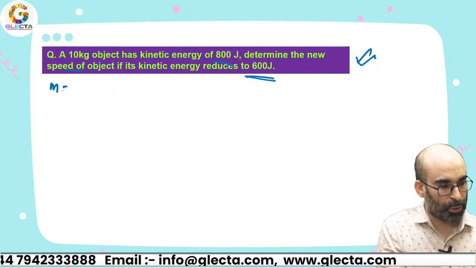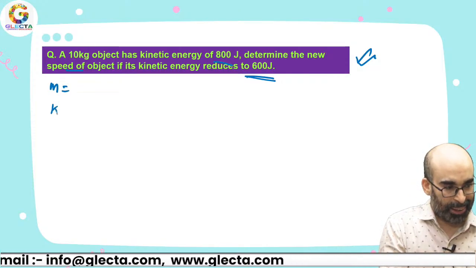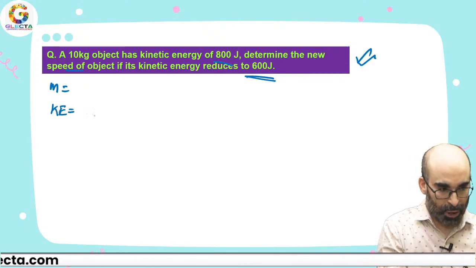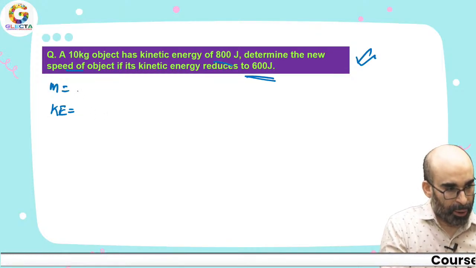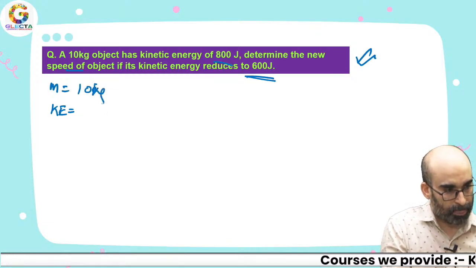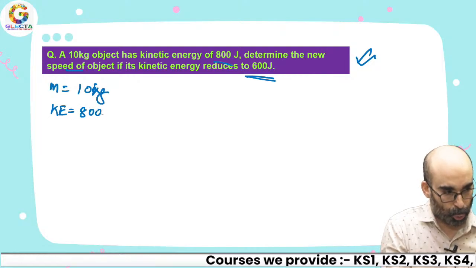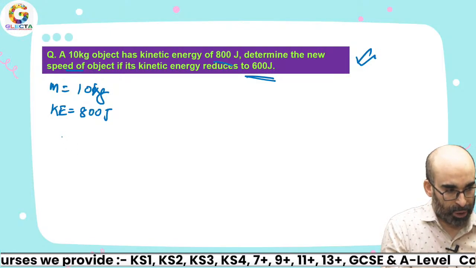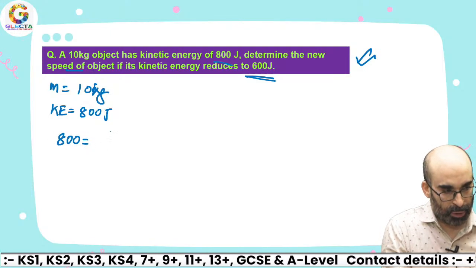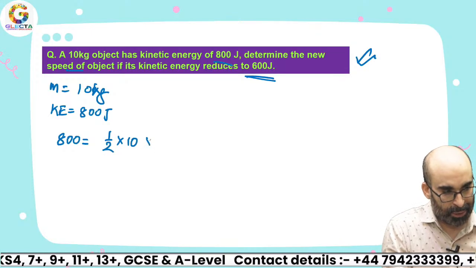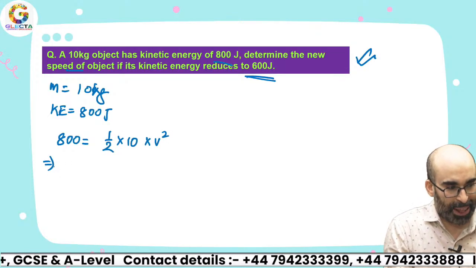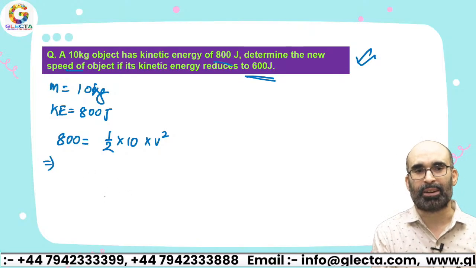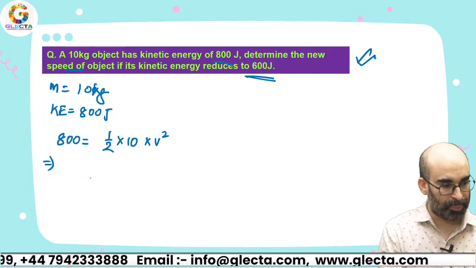So mass is given to you, very good. Kinetic energy is given to you. Could you determine the speed first of all? Go ahead. So you have mass 10 kg and you have kinetic energy 800 joules previously, right? And after this you would use this equation, 800 equals half times 10 times v squared. What is the value of speed? With the help of initial kinetic energy, what is the speed?